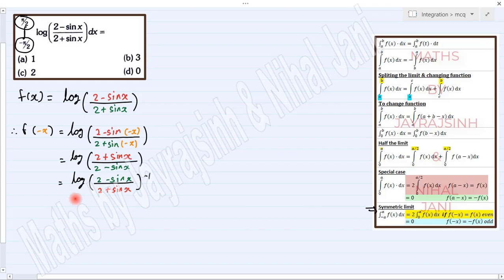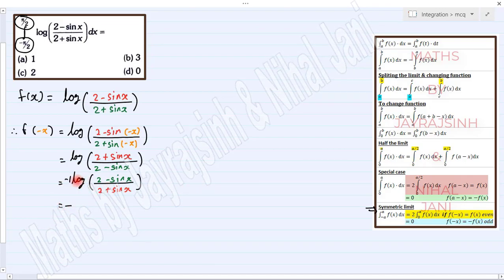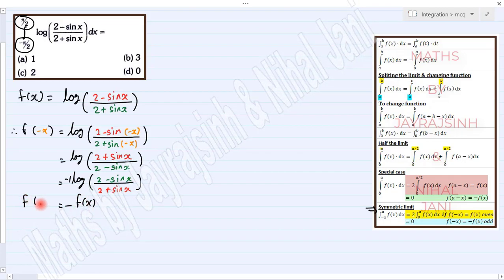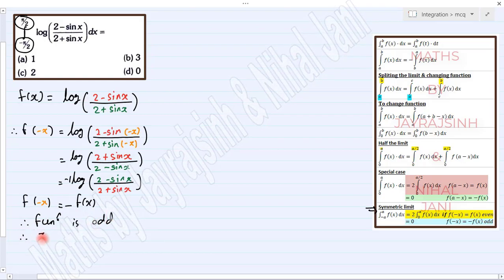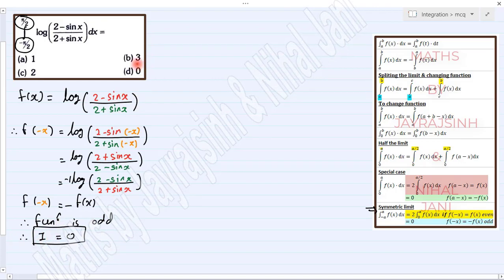Now according to the property of log, we can take this negative sign outside the log. So here we'll get minus of this, which is your function f of x. So we can say f of minus x is nothing but minus f(x). That's why your function is an odd function. Therefore, integration will be 0, which is given in option D.